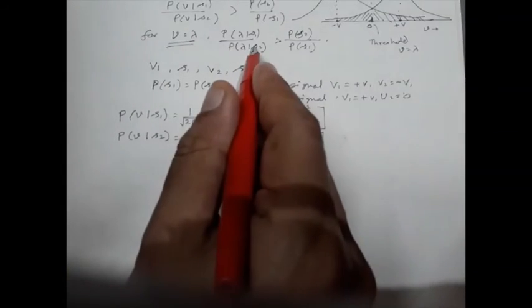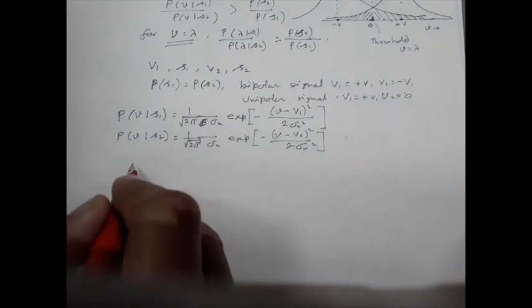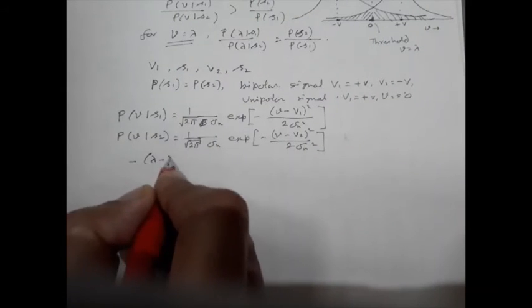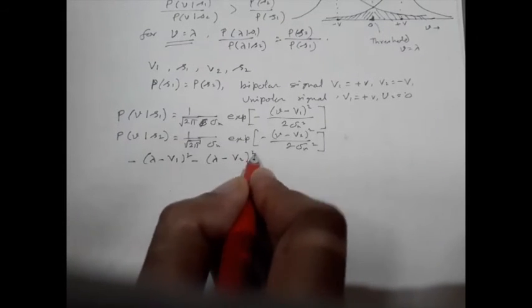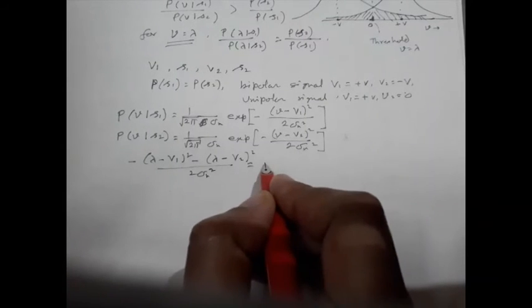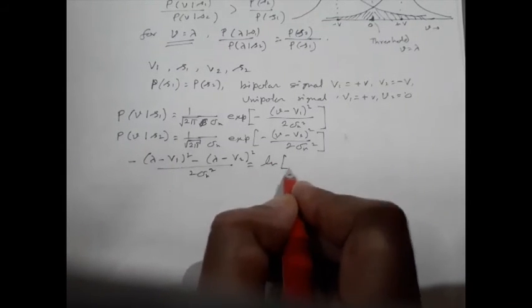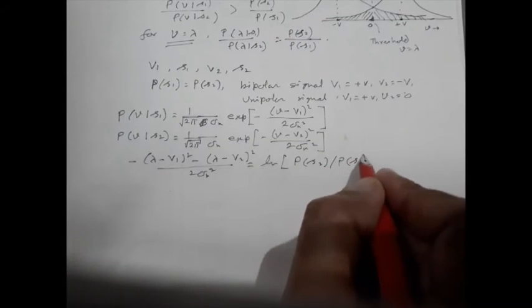Now we replace these two expressions here, to get V equal to lambda. So we can write minus [(lambda minus V1) whole square minus (lambda minus V2) whole square] divided by 2 sigma_n square equal to, taking the log, P(S2) by P(S1).